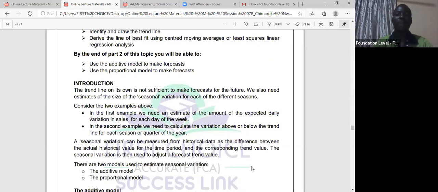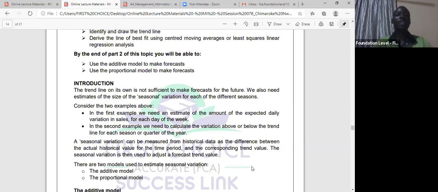So in part 1, when we did our trend analysis for 50 using example 1, and we got 178, it is not enough to just get 178 because we need to estimate the size of the seasonal variations for each of the different seasons. We said that these are the peculiarities. We need to account for the peculiarities.